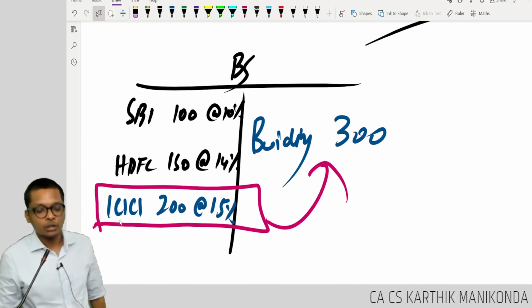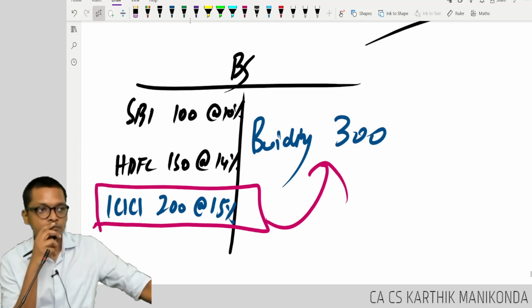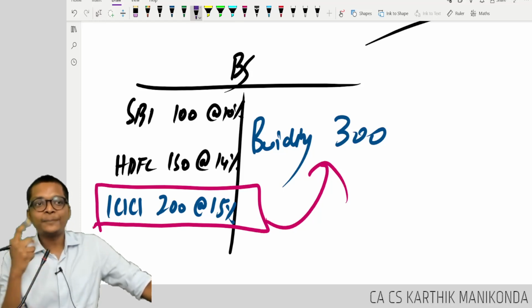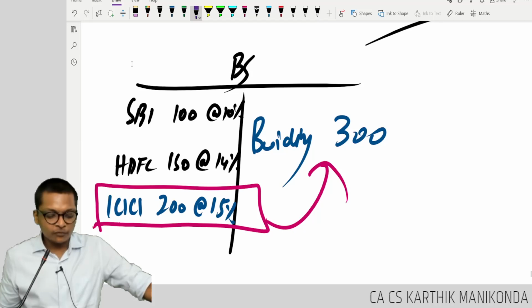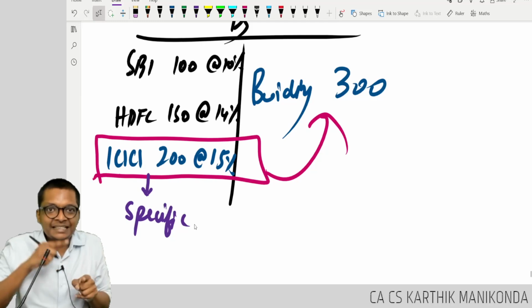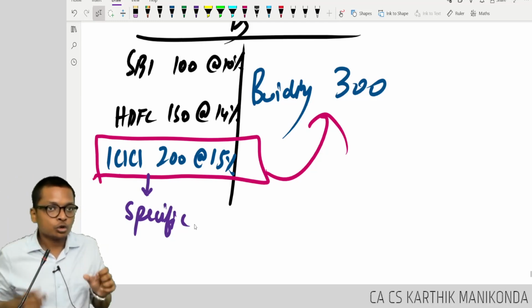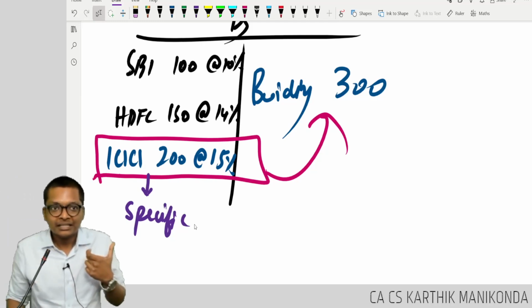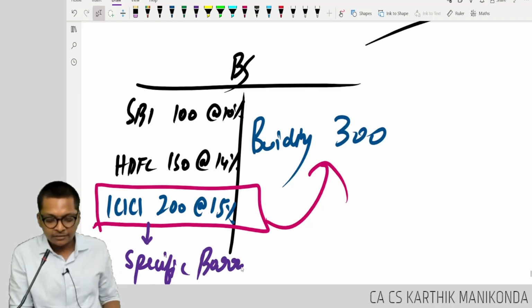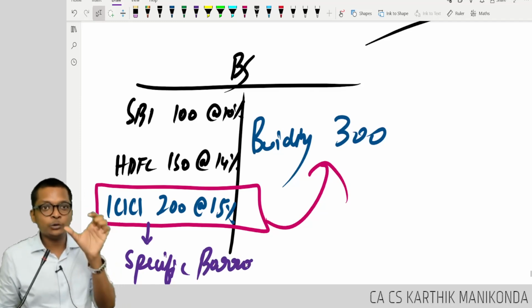Now how to compute? How much to capitalize? So you have 2 types of loan. The ICICI loan is specifically taken for a specific asset. As per AS 16, these types of loans are called specific borrowings. I won't use the word loan this time, I use the word borrowing.